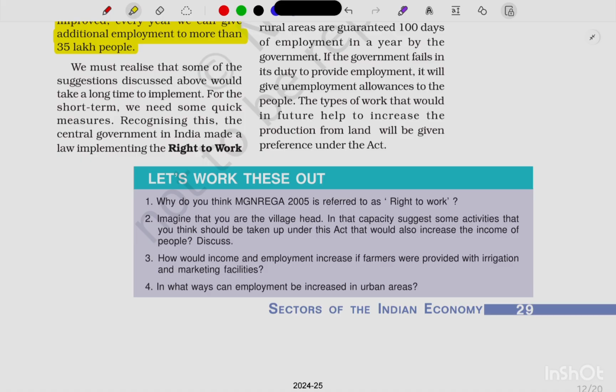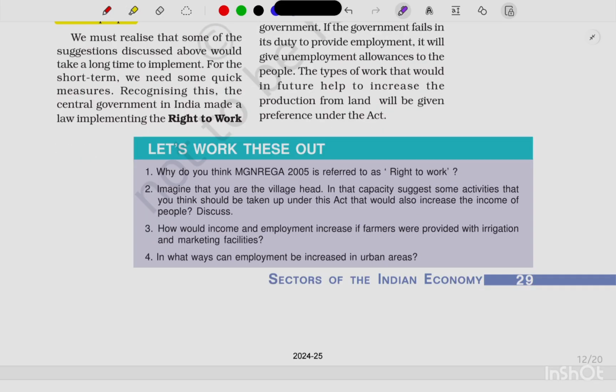Because if people who do not know how to work or do not have the knowledge on how to work get a job rather than skilled people, then that would not be effective. So recognizing this, the central government in India made a law implementing the right to work.